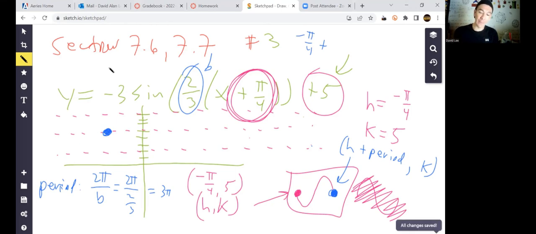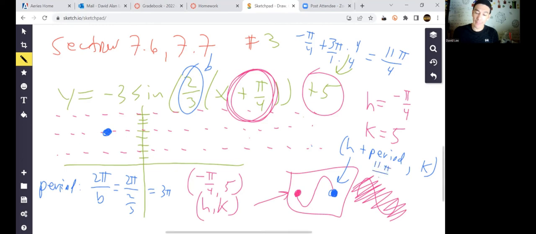The length of 1 period is 3 pi. Get a common denominator if you want to. The common denominator would be 4, and that would turn that into 12 minus 1, which is 11. So 11 pi over 4 is this guy, 11 pi over 4. And then the y-coordinate of the endpoint still stays 5, because the beginning and end, they're along the same middle.